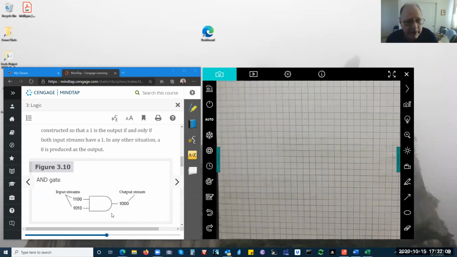Okay, so if you look over here in the textbook, it's got this mysterious input stream 1100, and so forth. And I just want to draw a little picture of what's happening with the electronics of it. I think it makes it more concrete.